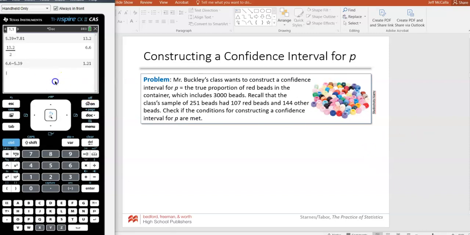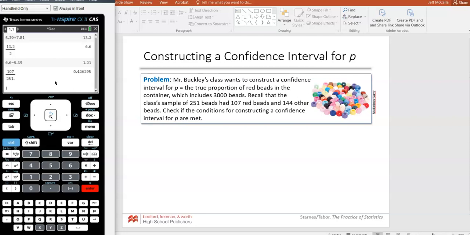So if you get your calculator out, let's see, what is our P hat here? We had 107, so 107 divided by, we took a total of 251 in our sample. So we get 0.426 is our P hat.